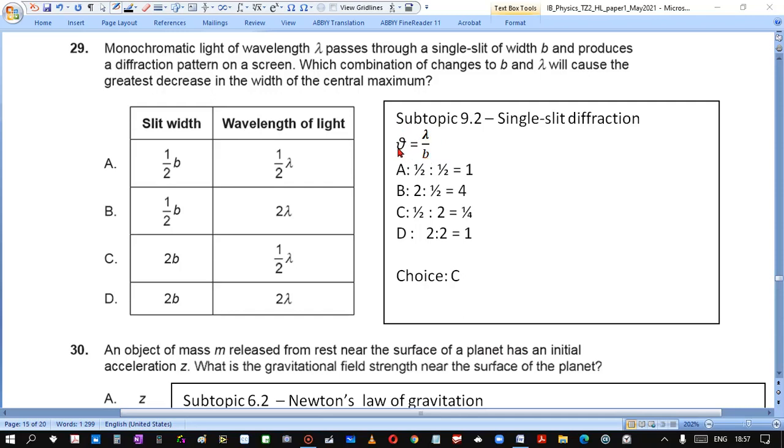We should make the angle theta as small as possible. We can do this by decreasing lambda and increasing b. So choice C is the best. Here I show the calculation of what happens, and we see that the decrease is greatest at C. No change at A and D, increase at B, and so on.